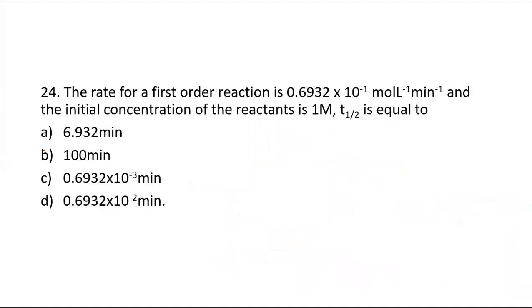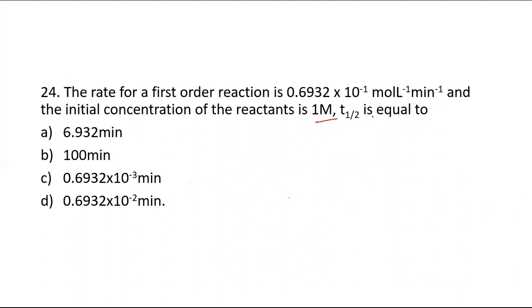Okay. So here is our next question. The rate for a first order reaction is 0.6932 into 10 to the power of minus 1 moles per liter per minute. See, the rate for a first order reaction is this one, and the initial concentration of the reactants is 1 molar.